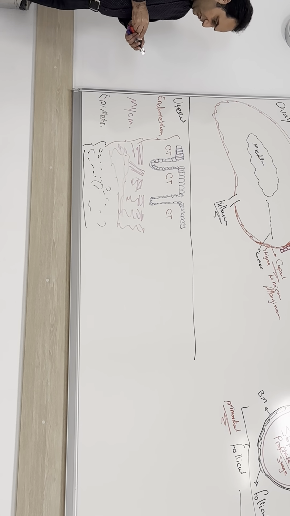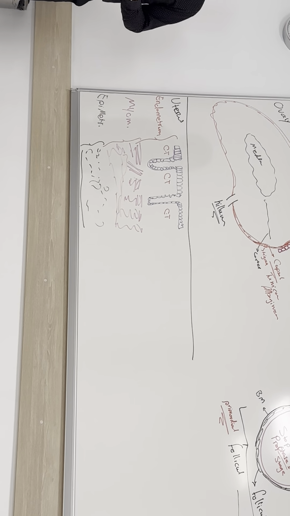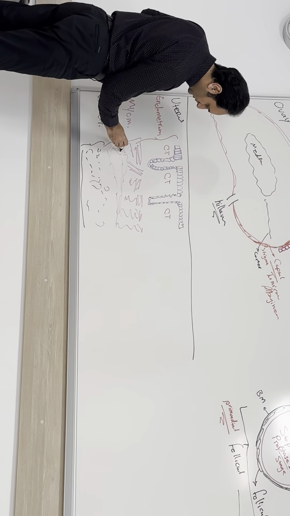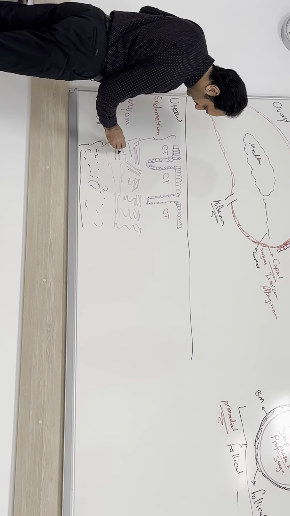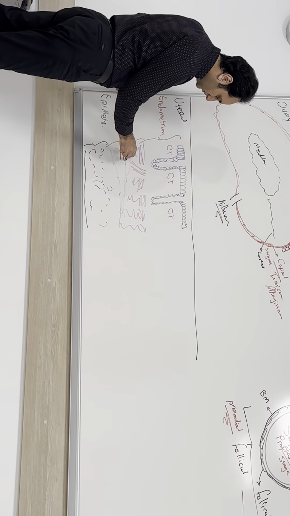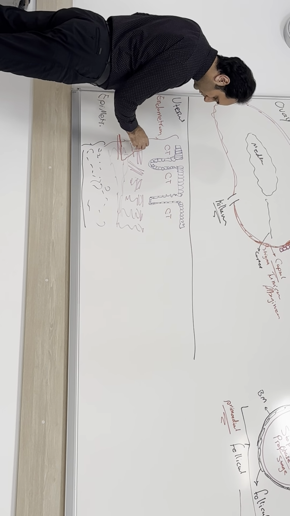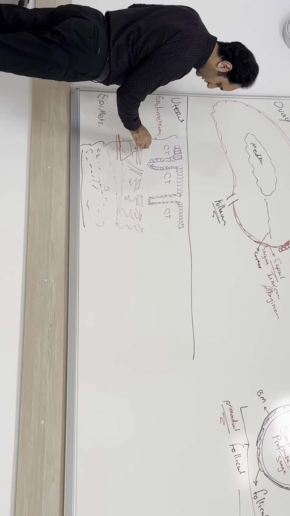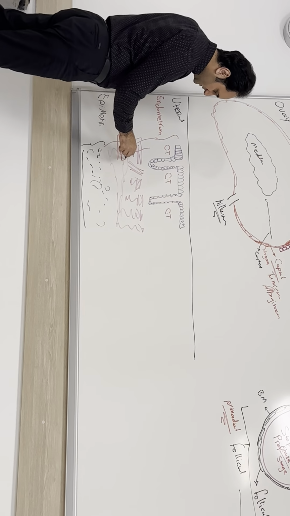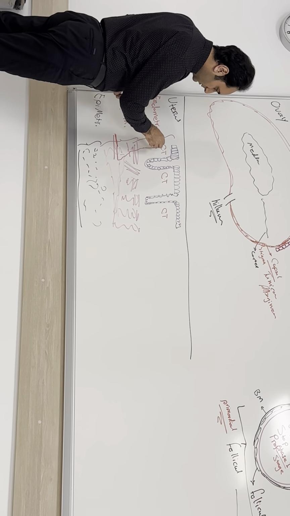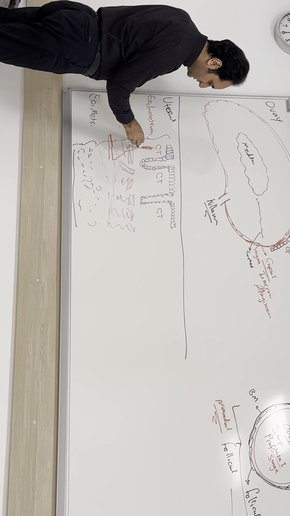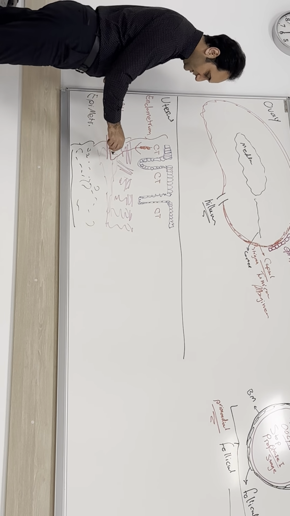In the myometrium, we have arcuate arteries which enter into the myometrium between the different layers of myometrium. These arteries form different segments. These different segments enter into the endometrium and form spiral arteries and also straight arteries.